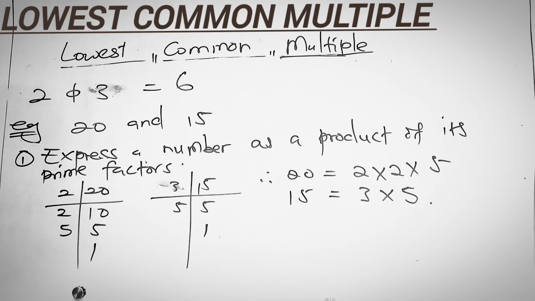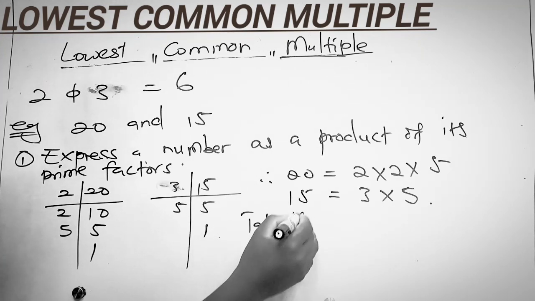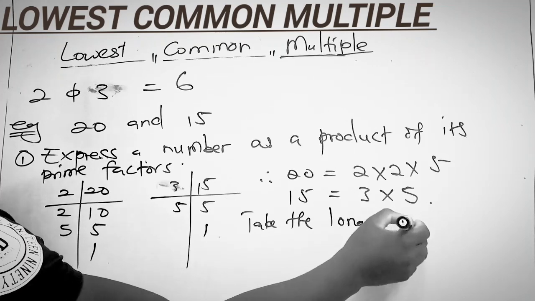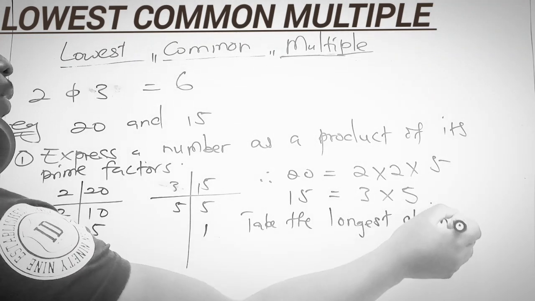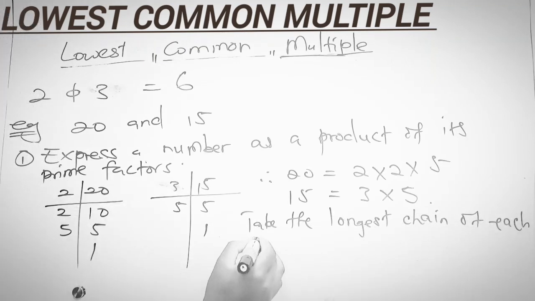Here we're not cancelling to find the common number or whatsoever. So what we do, you take the longest chain of each group.